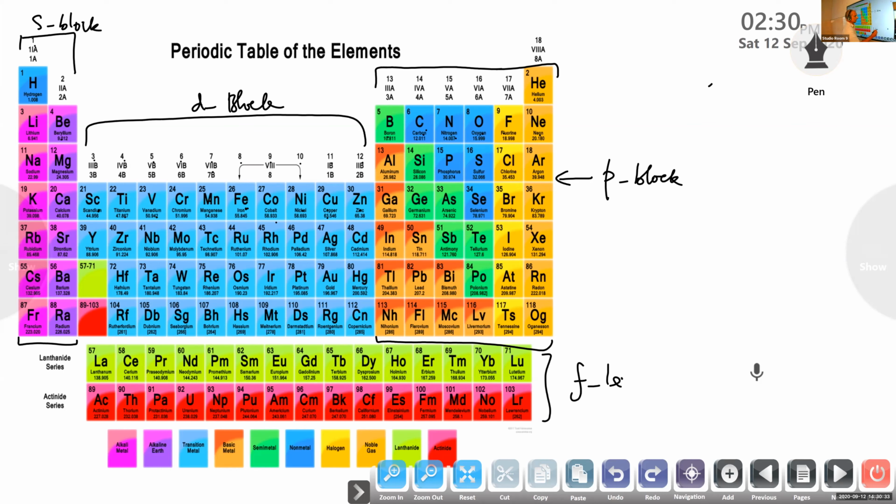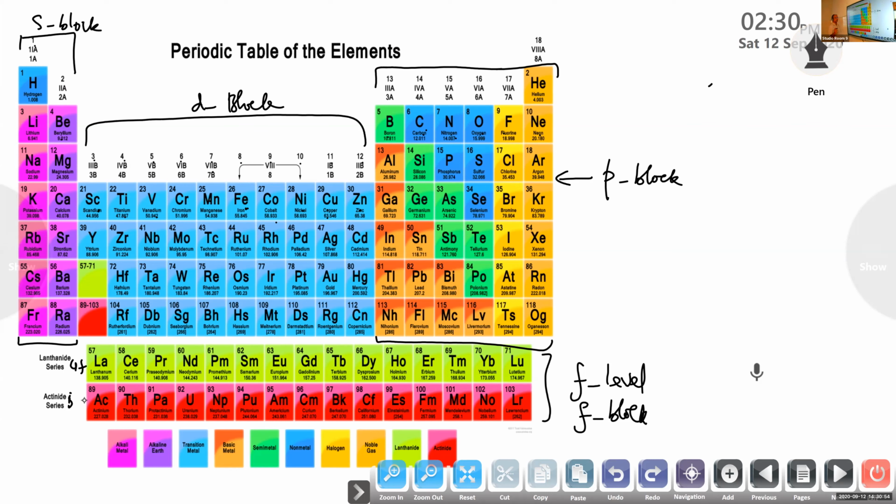Therefore, these elements are called F block elements. In the F block elements, the last electron enters an F level corresponding to 4F and 5F.